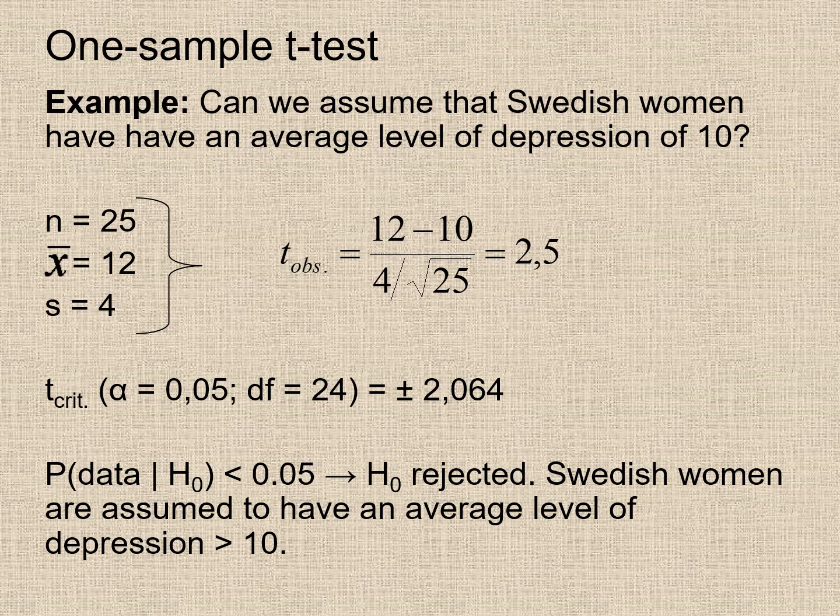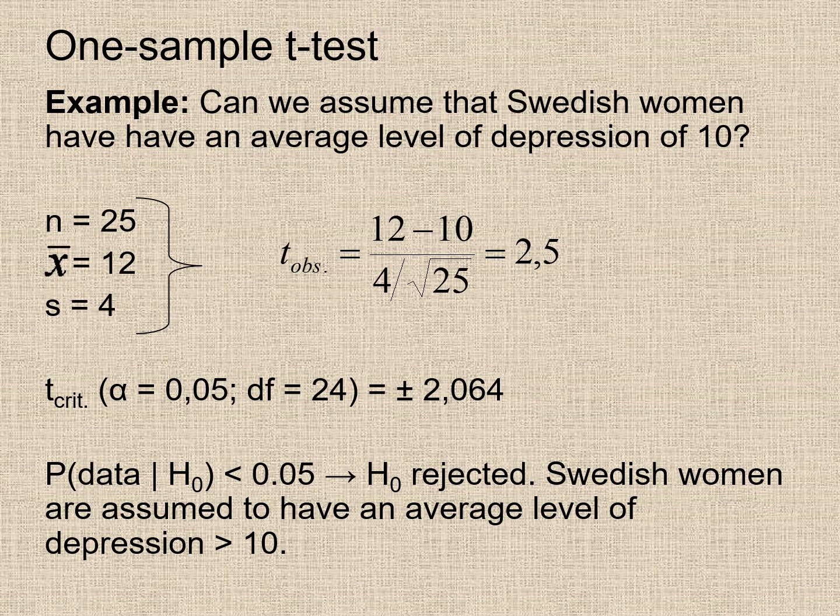So this deviation between 12 and 10 is larger than we would expect with 95% probability if the population mean actually is 10, if the null hypothesis is correct.